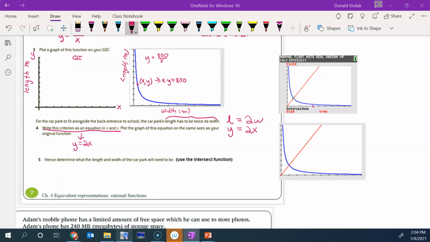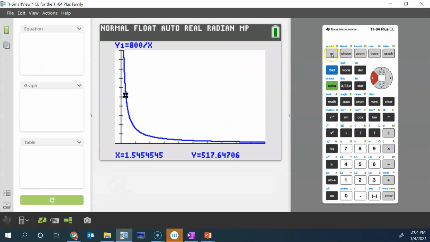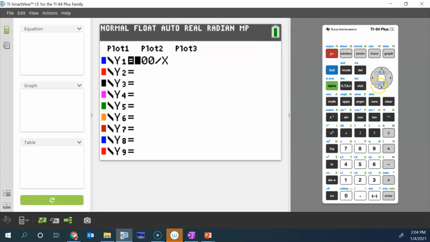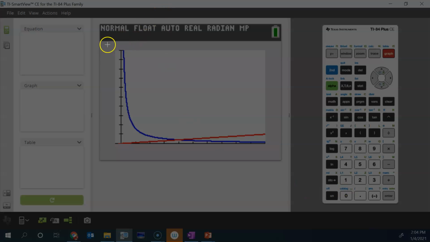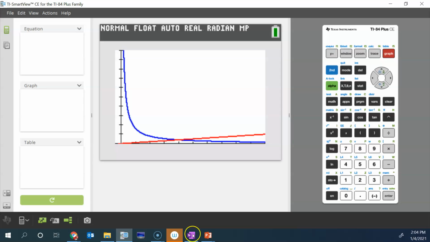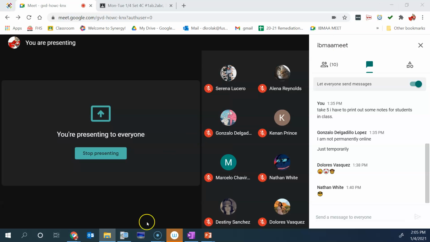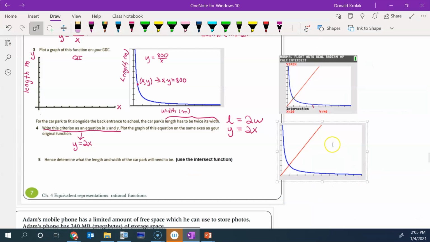Okay, so you open up your graph, y equals, and go down to 2 and make it 2x. And graph it.